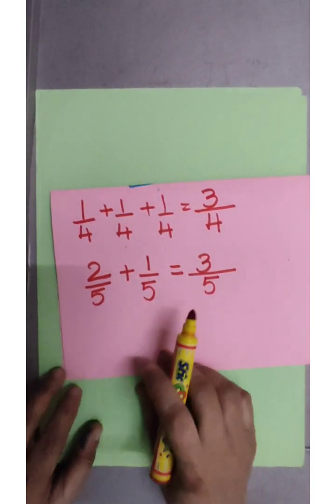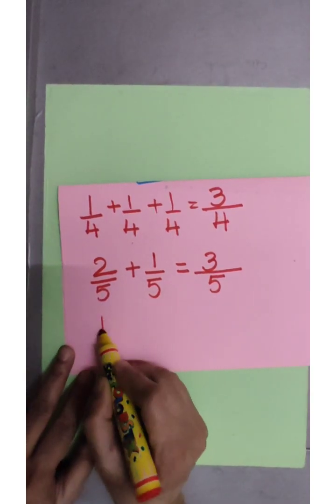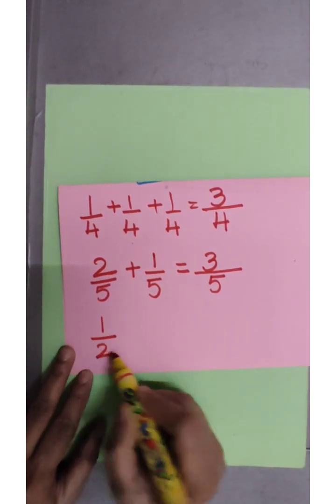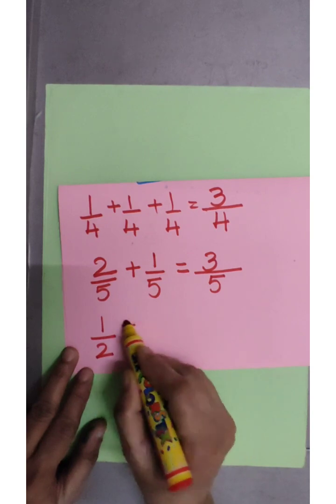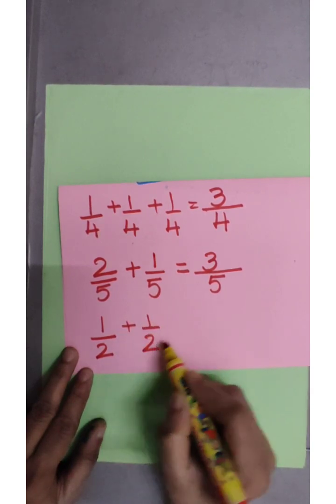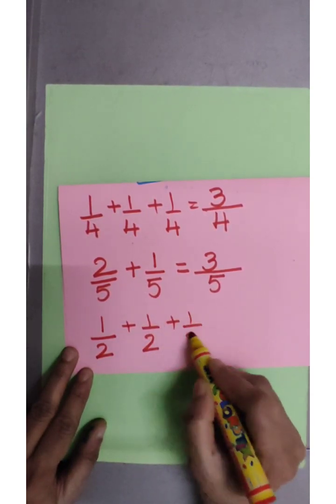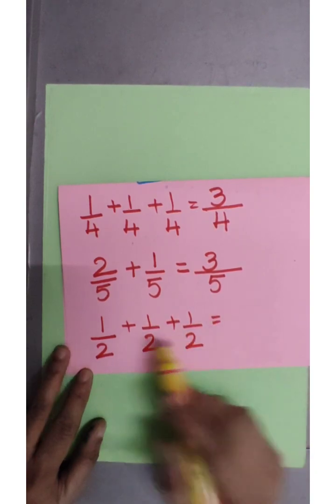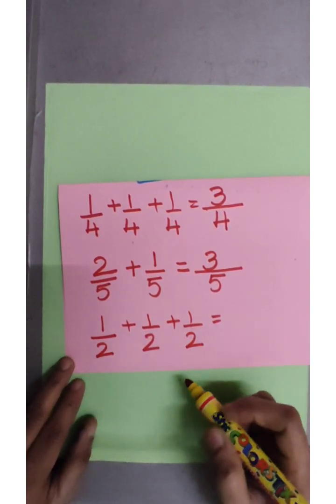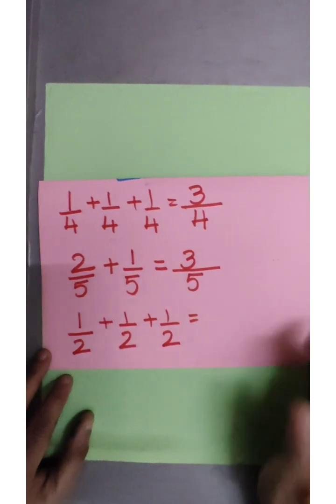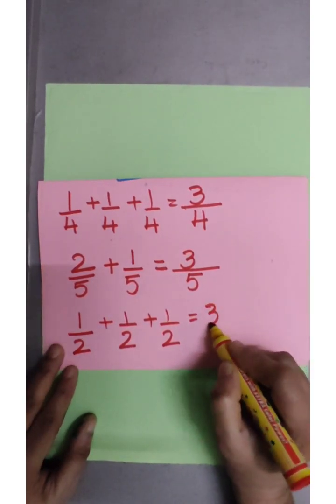Now suppose we are having a fraction 1 by 2, that is half, plus half plus half. Now how many times have you taken half? We have taken half 3 times.